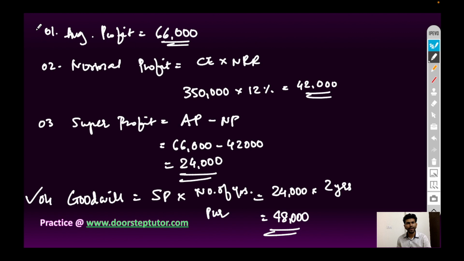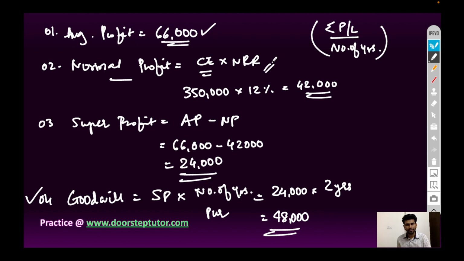First we have to calculate average profit, and the formula for average profit is summation of total profit and loss divided by number of years. We will get average profit. Then we will calculate normal profit. The formula is capital invested or capital employed multiplied by normal rate of return.